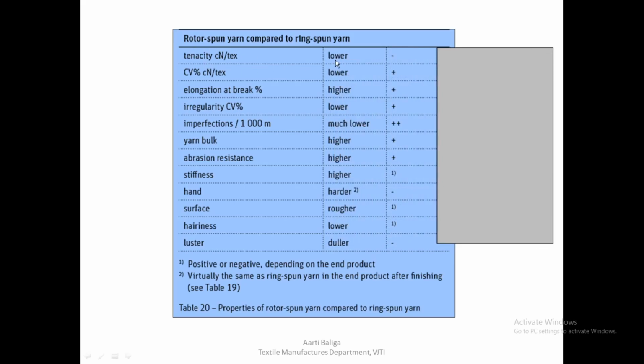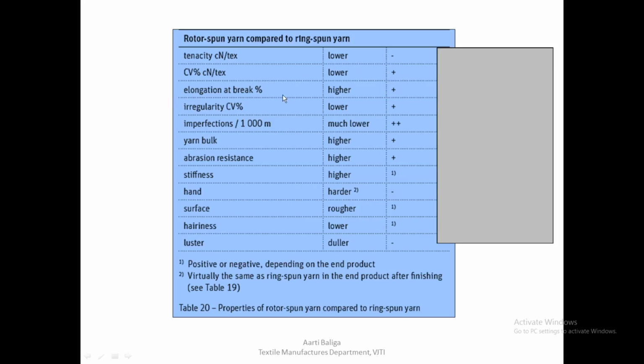Tenacity would be lower. CV percentage of tenacity is lower. We have seen that in our earlier slide; you can see there is a negative mark shown here. Tenacity is lower, but CV would show some positive because of the back doubling that is happening.